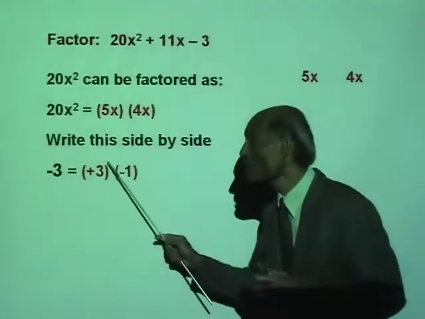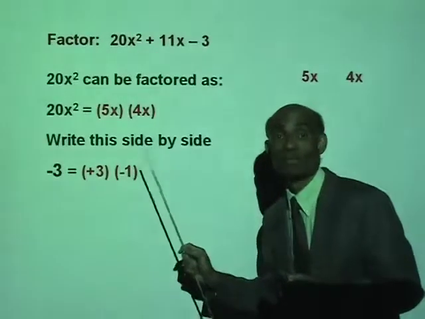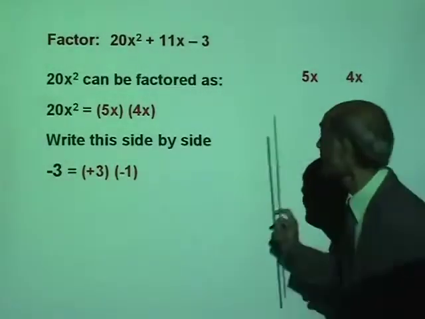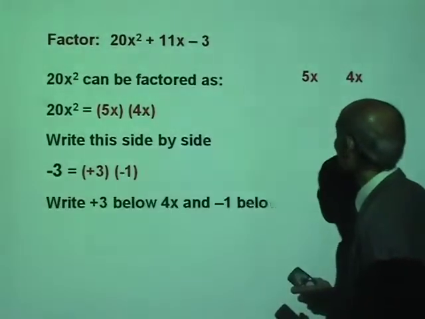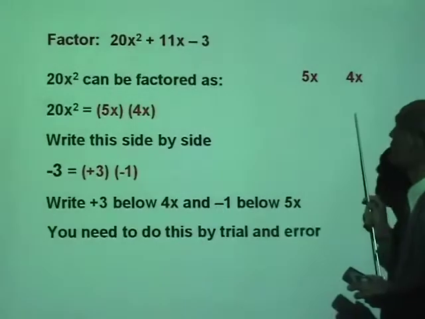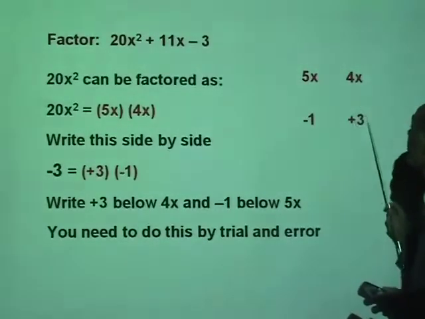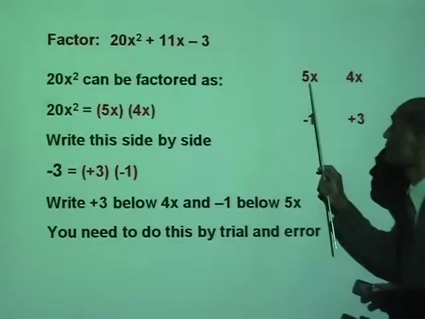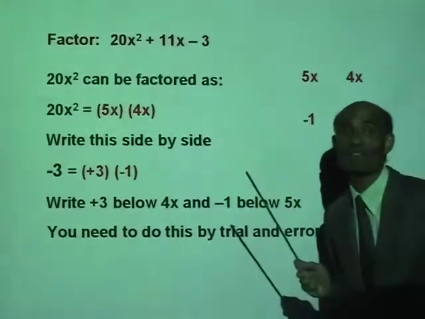Tell me, where am I going to write this positive 3? This positive 3 will be written in such a way that it will get multiplied by 5x. So I will write positive 3 below 4x. There you are. I write the positive 3 below 4x and write the negative 1 below 5x.